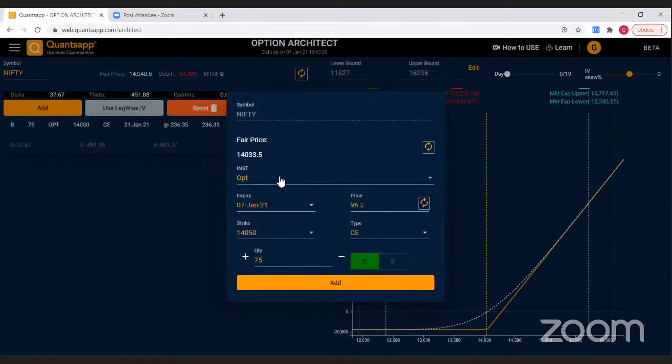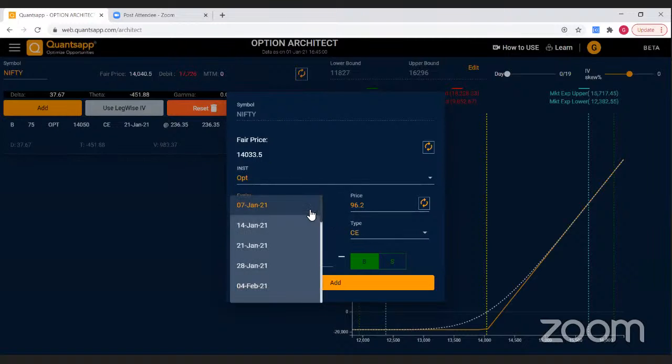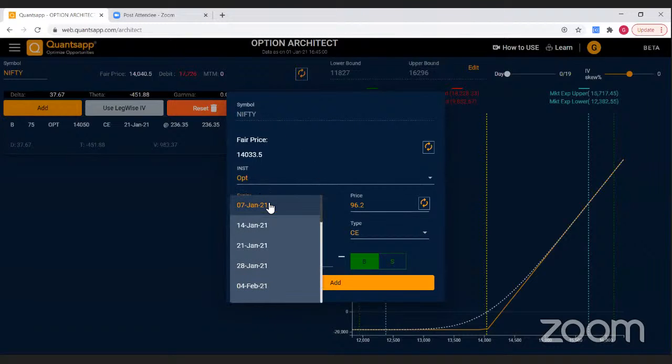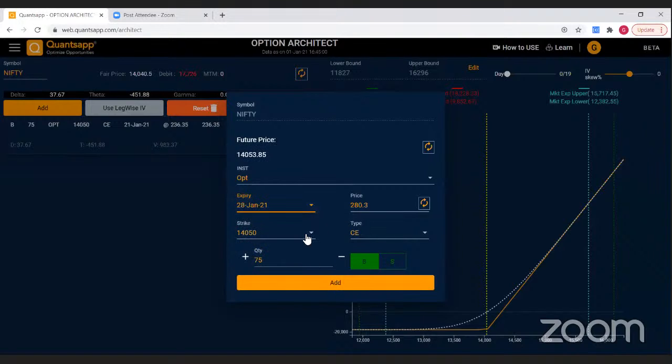So let's take a long straddle. We already have a long call, and we're going to add one more leg. The symbol is going to be fixed, along with the option expiry. Now if I go to 28 Jan, this is my at the money, which it gives me by default.